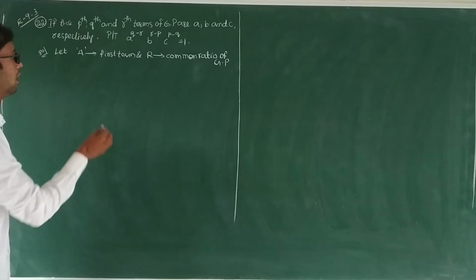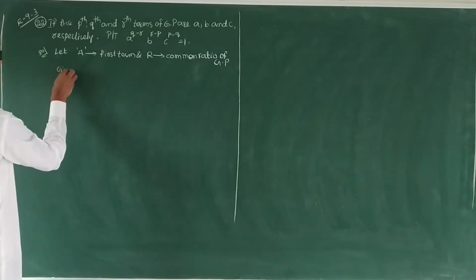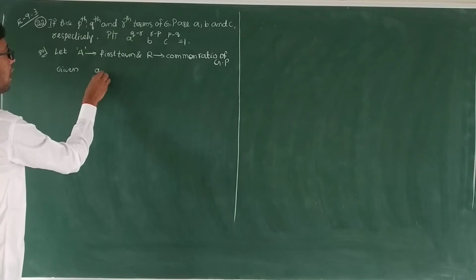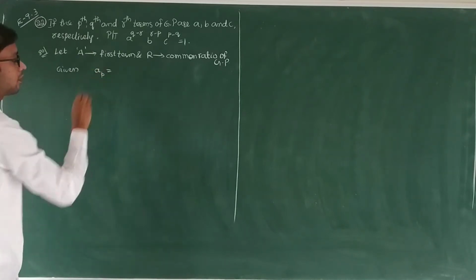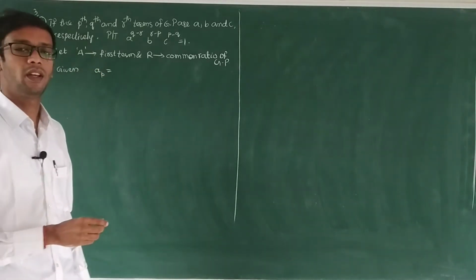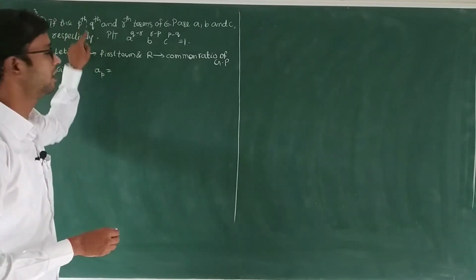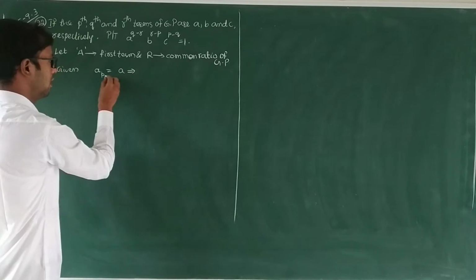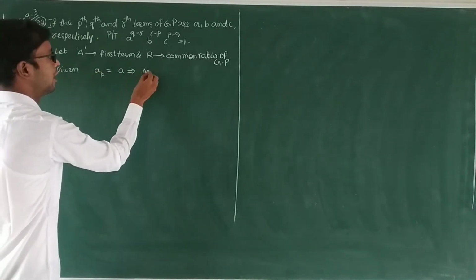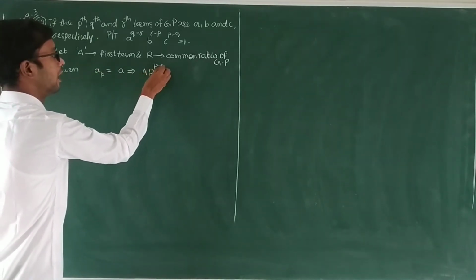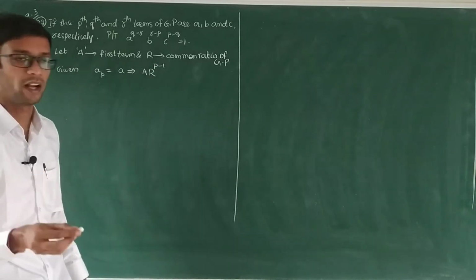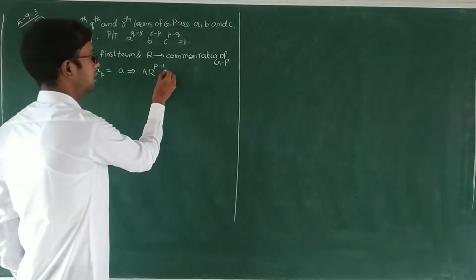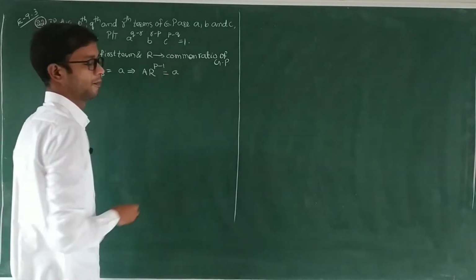So next step, by the given AP. What is AP here? The Pth term is A. That implies AP is A into R power P minus 1, the formula A into R power N minus 1, but here capital A and capital R. This is equal to small a.